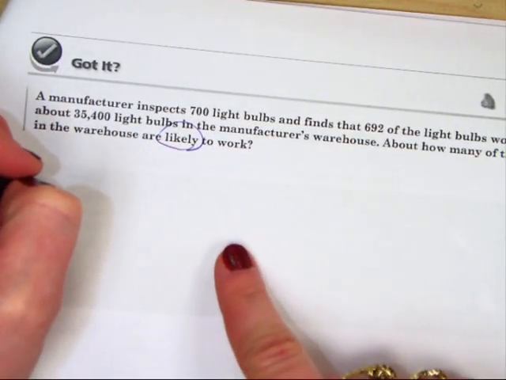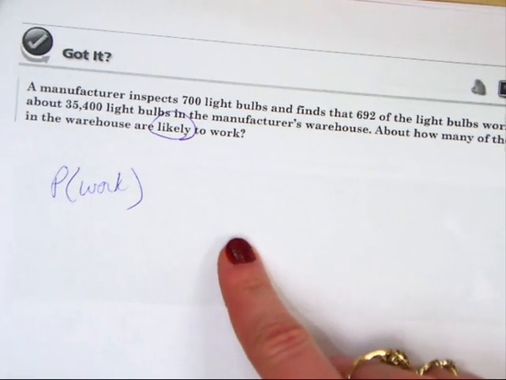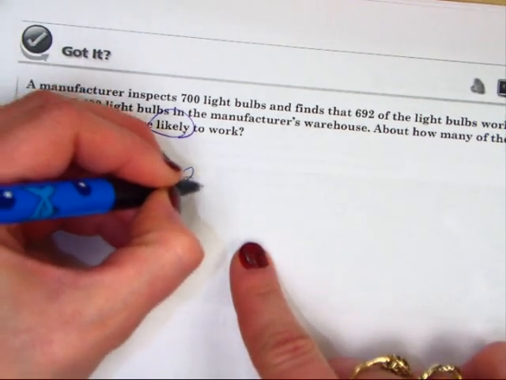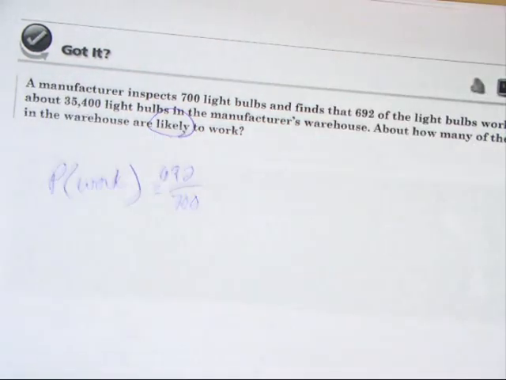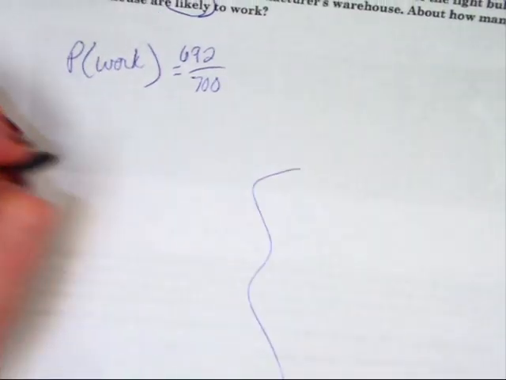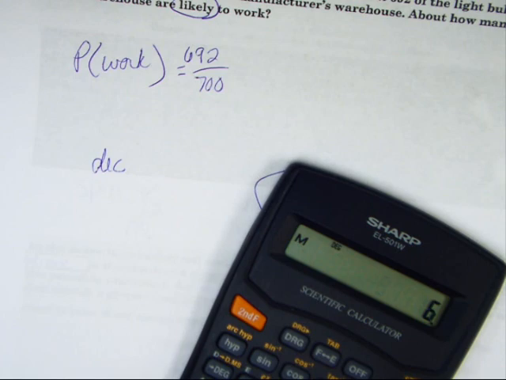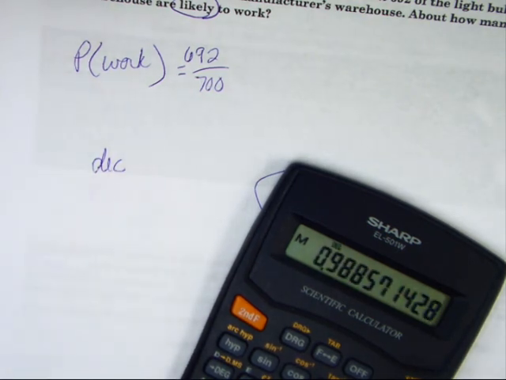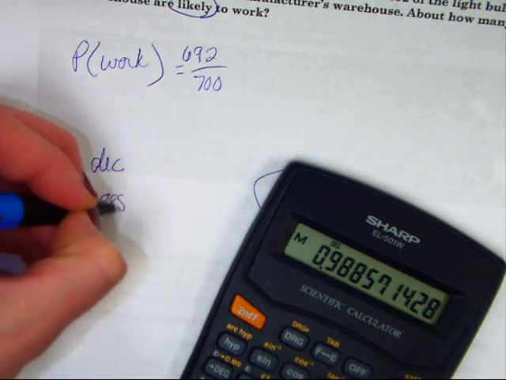So we can say that the probability of it working is 692 out of 700. Now you can change that to a decimal, or you can use a proportion. I'll do both ways, so whichever way you choose. If you change it to a decimal, 692 divided by 700 is, look how we're going to have to round here, 0.98857.